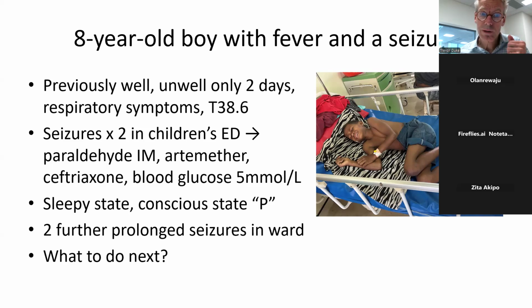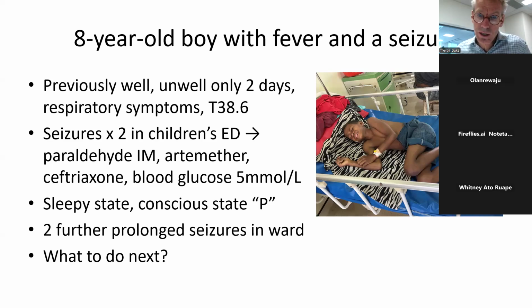In the children's emergency department, he received some paraldehyde intramuscularly, and then because of his fever, he was put on artemether and he was given some ceftriaxone, and he had a blood glucose that was 5, and he was still in a very sleepy state. In terms of his AVPU score, he had a P for consciousness, which means he only responded to painful stimuli.